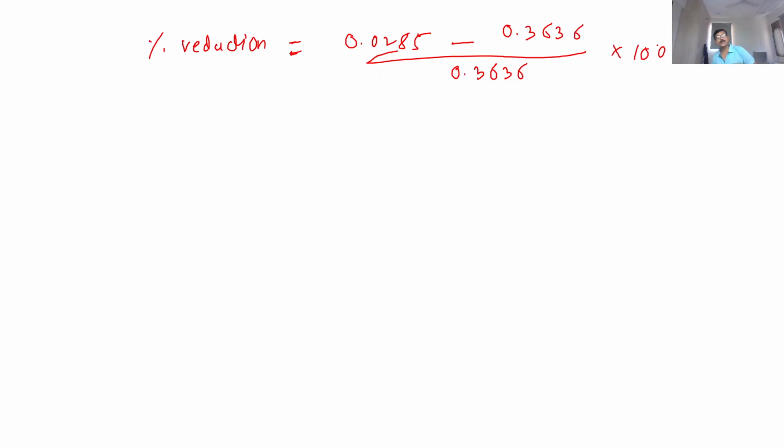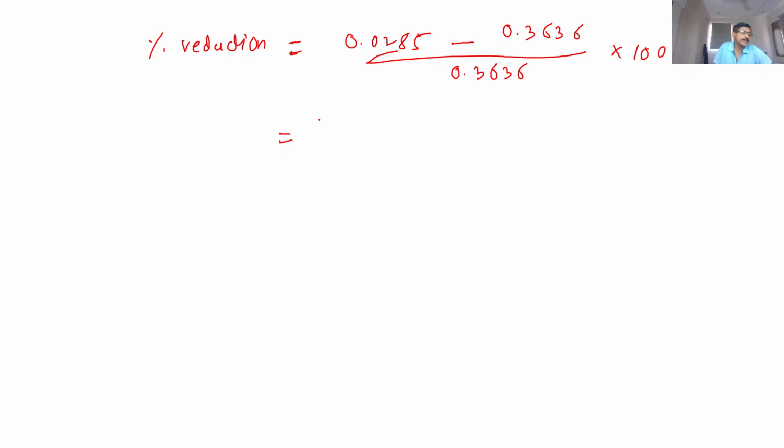Now you are saying, sir, why have you not taken sigma A (T1 raised to 4 minus T2 raised to 4)? Because it is attached to every value, so at the end it is taken common from the numerator and cancelled with the denominator. So you need not take it. Okay. You can try it. Later on you will understand that it gets cancelled from numerator and denominator as they are the same.